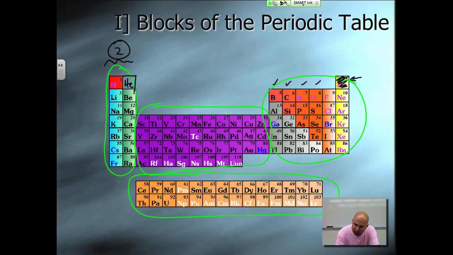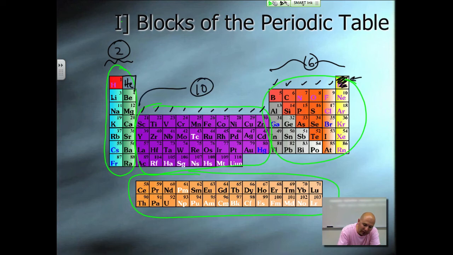1, 2, 3, 4, 5, 6 here. So 6 wide here. Okay? 1, 2, 3, 4, 5, 6, 7, 8, 9, 10. 10 wide in that block of the periodic table, and 1, 2, 3, 4, 5, 6, 7, 8, 9, 10, 11, 12, 13, 14. 14 wide here.